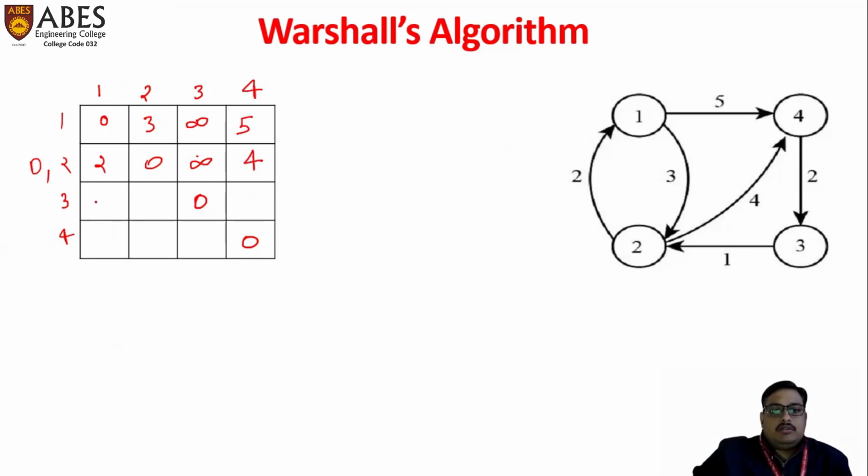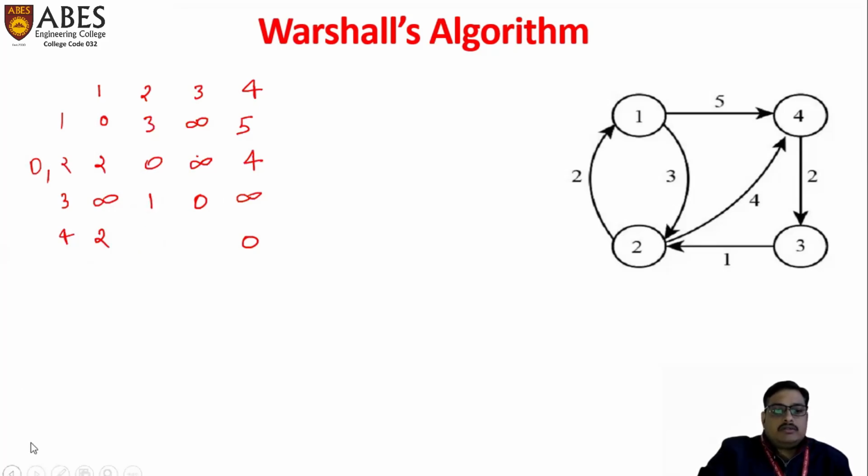And 3, 1 is infinity because we don't have direct path. Then 3, 2 is 1. Then 3, 4 is also infinity.